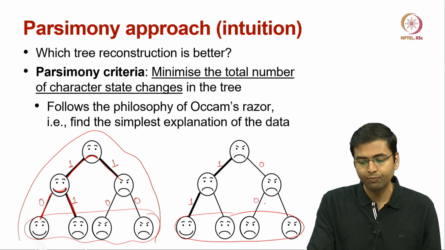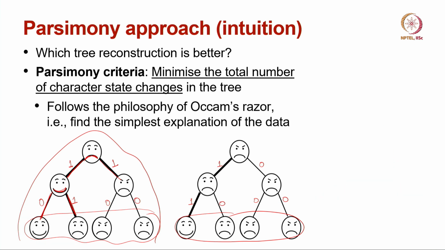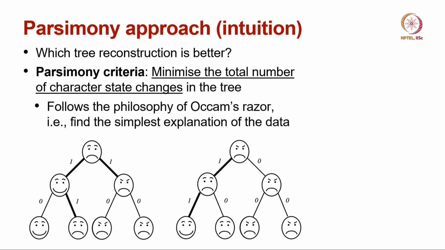This follows the philosophy of Occam's razor, that is, finding the simplest explanation of the given data. So, the parsimony criteria is to minimize the total number of character state changes in the tree, and therefore we will look for a tree that involves the minimum number of character state changes. Under the parsimony score, the right tree is better.